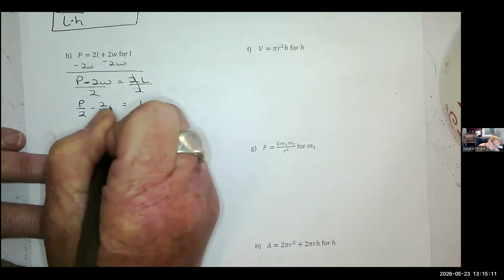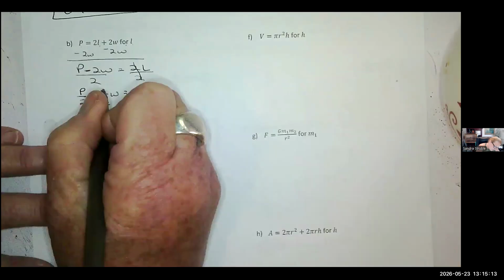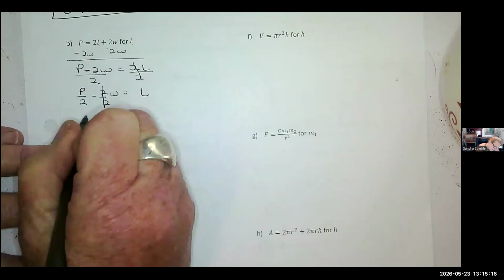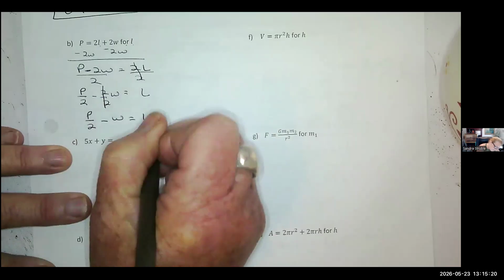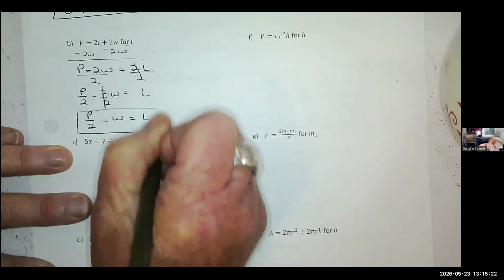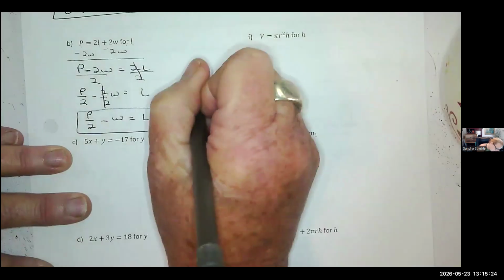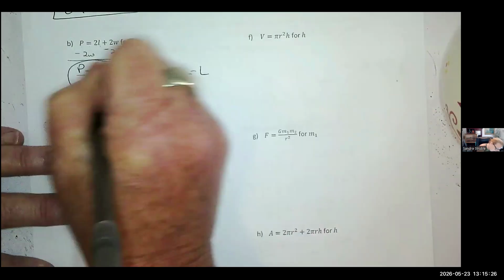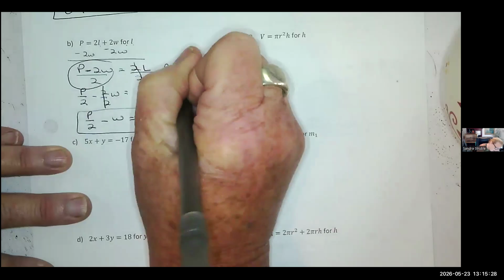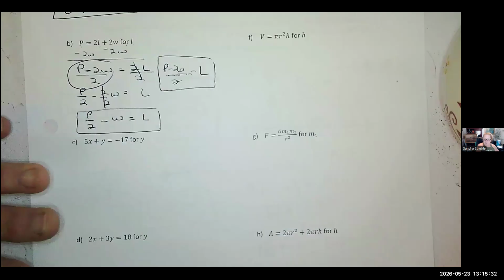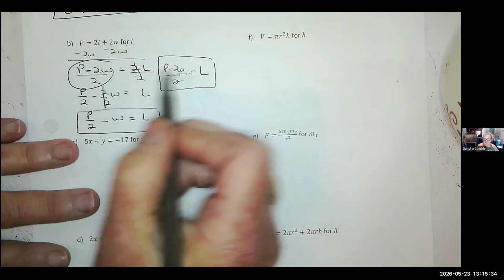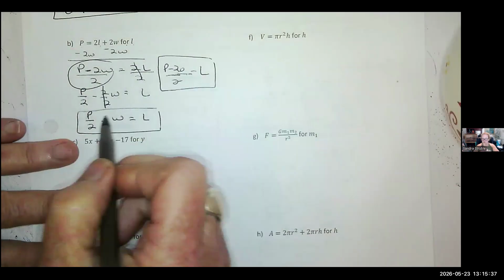Now you can reduce that to P over 2 minus W is equal to L. So this would be a fine answer, but so would L equaling this. Both of those are perfectly fine answers. You cannot reduce these two until you've separated them into having their own individual denominators.